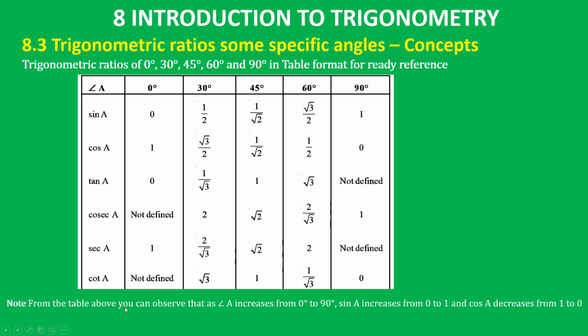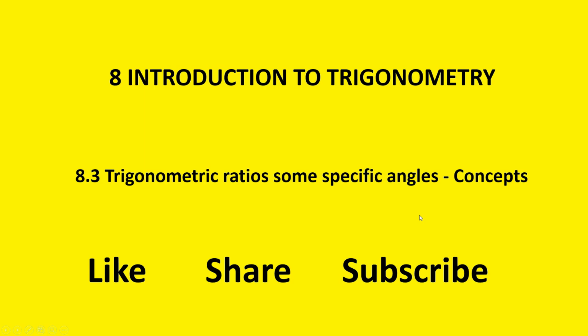From the table, you can observe that as angle A increases from 0 to 90 degrees, sin A increases from 0 to 1 and cos A decreases from 1 to 0. If you write sin A and reverse it, it becomes cos A for the other angles, correct? With this, we have completed trigonometric ratios for some specific angles.